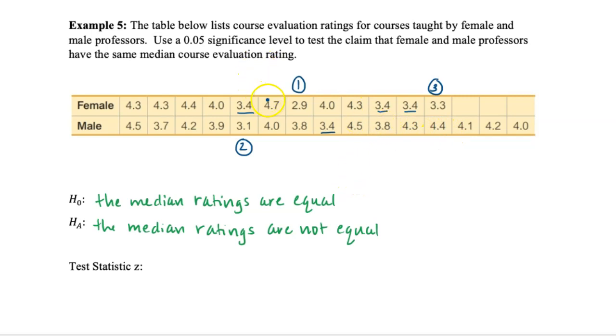That means that if I were to give them all a rank, it would be 4, 5, 6, and 7. But I don't want these to have different ranks. I want to find the mean of all of these ranks. What's the mean of 4, 5, 6, and 7? That's halfway between 5 and 6, so it's 5.5. The rank of all of these 3.4s is just 5.5, and I'm going to circle this to show that it is my final rank.